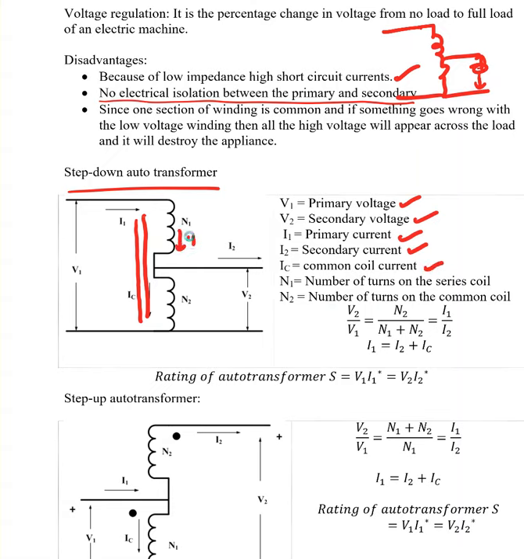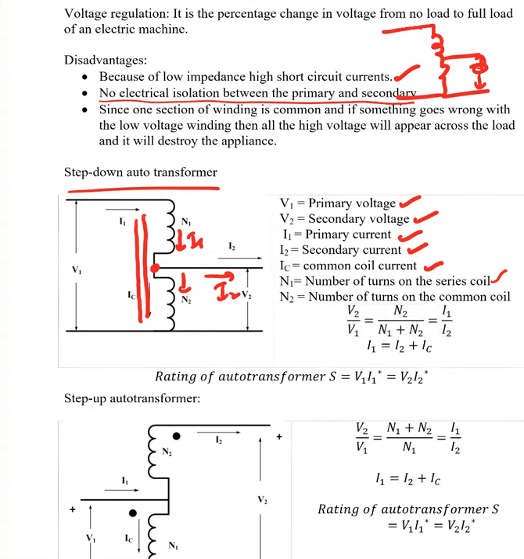So I1 is coming there, and it's going to split at this point. IC is going down and I2 is going in this direction. IC is the common current. N1 is the number of turns of the series coil, called the series coil because this coil is in series with the common coil, and N2 is the number of turns on the common coil.